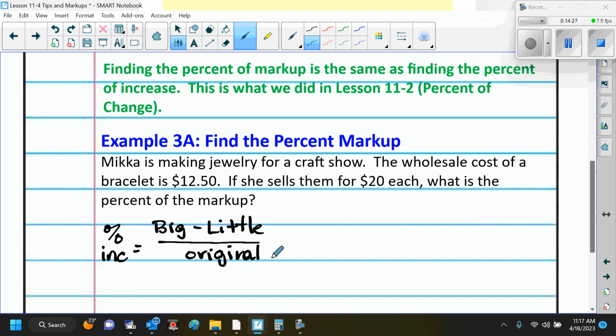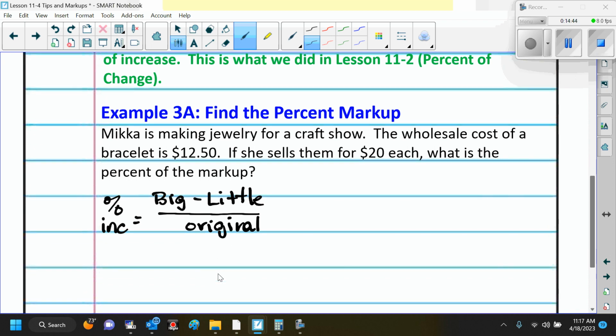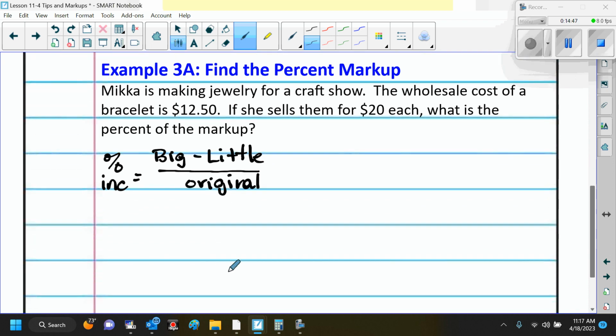So it says here, for example, 3A, Micah is making jewelry for a craft show. The wholesale cost of a bracelet is $12.50. If she sells them for $20 each, what is the percent markup? So we want to know what is the percent increase. She bought at the wholesale cost, $12.50, and she sells them for $20 each.